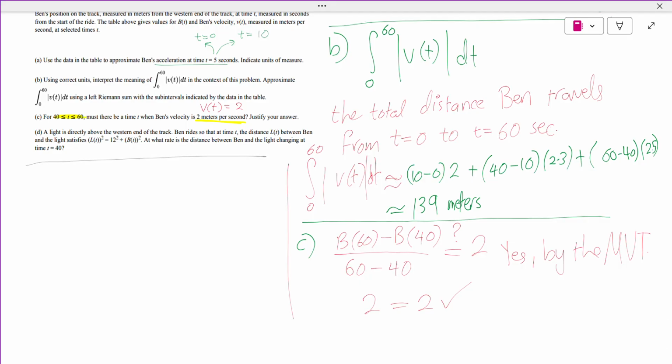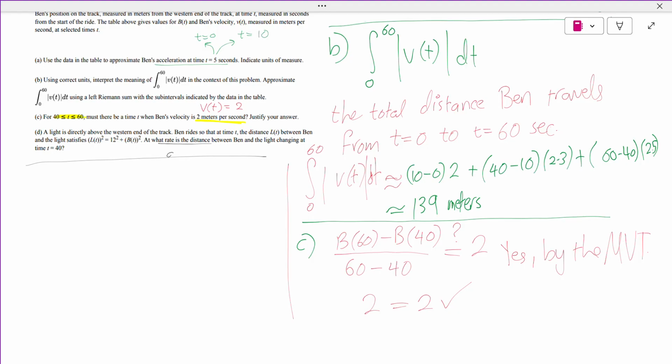The last part says a light is directly above the western end of the track. Ben rides so that at time t the distance L of t between Ben and the light satisfies L of t all squared equals 12 squared plus B of t all squared. At what rate is the distance between Ben and the light changing at time t equals 40?